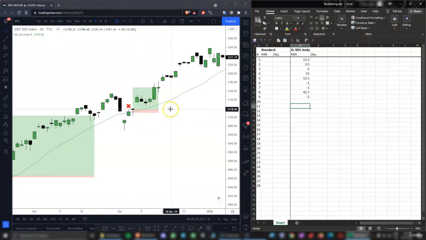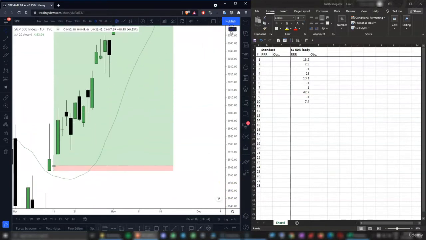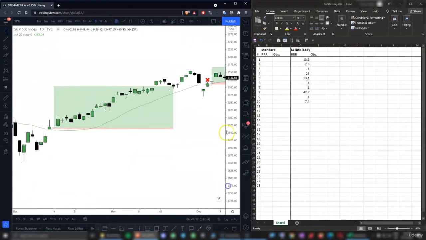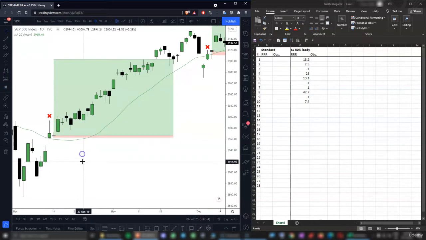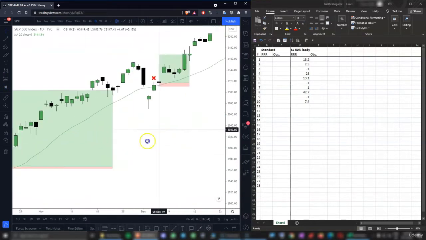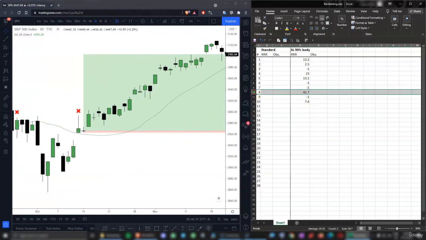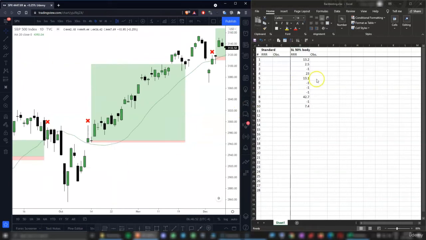And then we enter again and we do a 7.4. So the same with this one, that's 42.7. Before that one we had a loss, so I didn't mark those down. No problem, because I see them. So before this, -1. Then it pays really well.